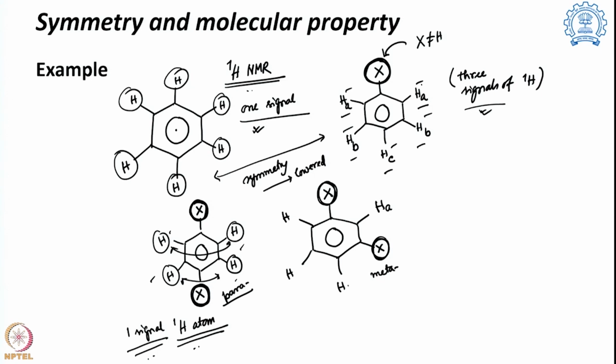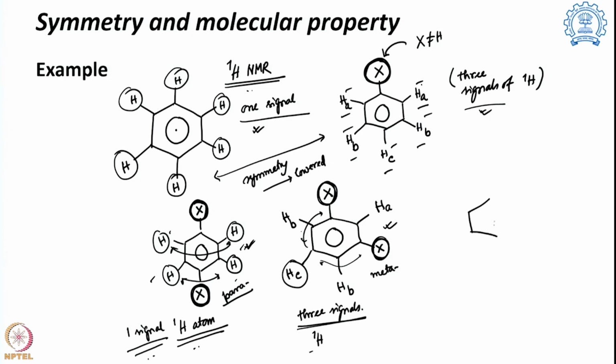So, that will be different. This one will be the other one, HB, which is para to one of the X and ortho to the other, and this HC, which is also unique because this is meta position to both the X's. So, over here we are also getting 3 signals, and you can say this molecule has different symmetry, lower symmetry compared to this one, and as we are changing the symmetry we are changing the number of proton signals also.